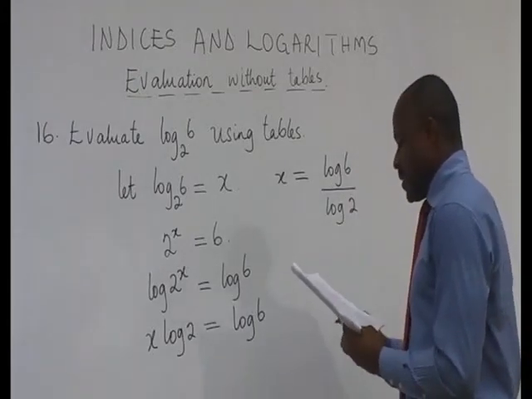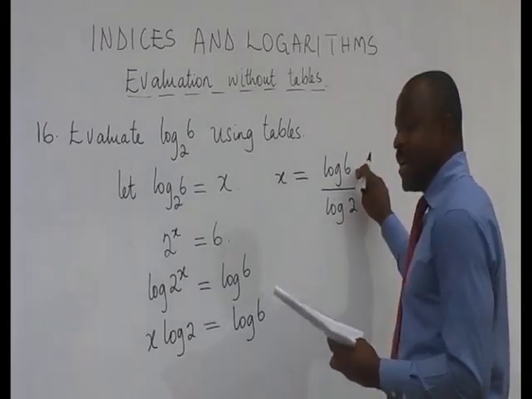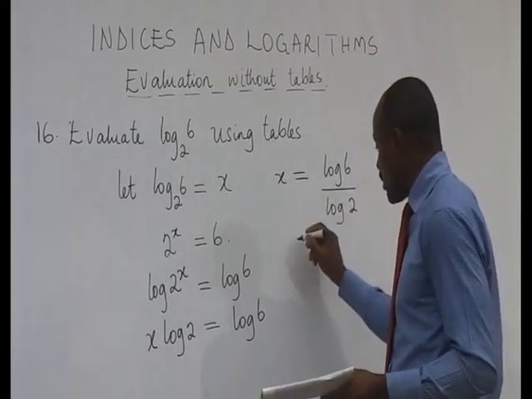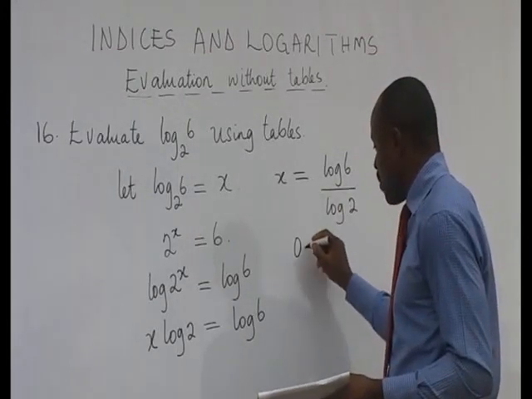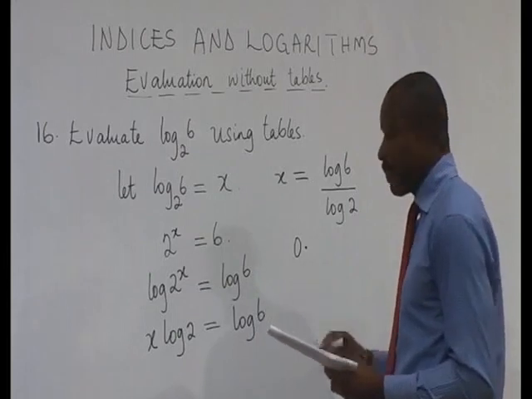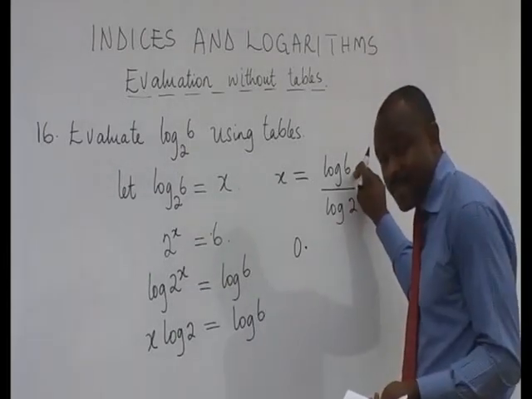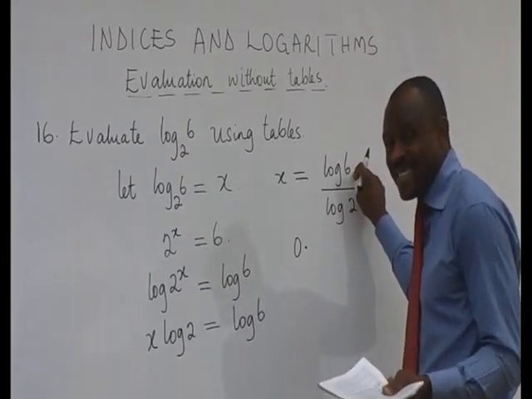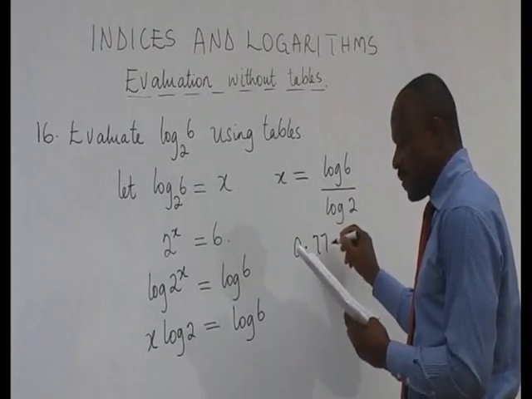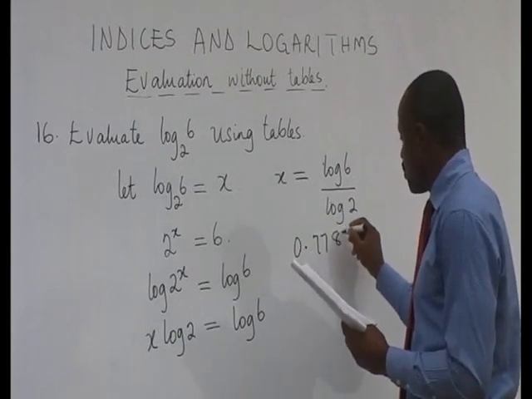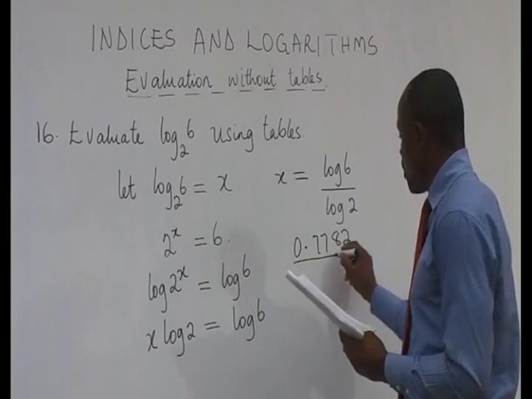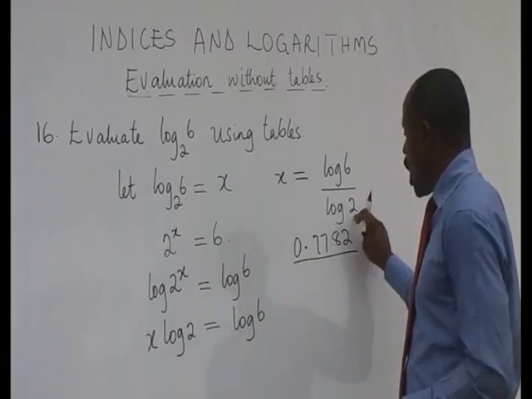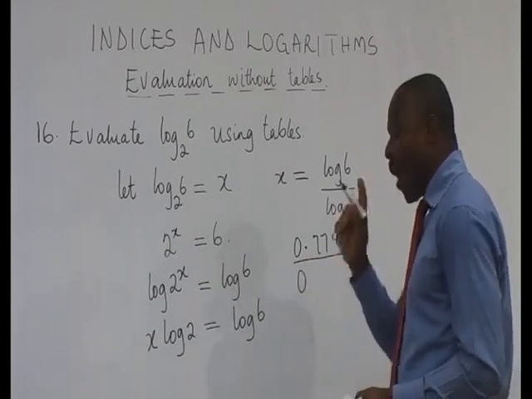Number 6. 6 is 1 digit. That means whatever you get from the logarithm table will be 0 point something. You cannot take 6 alone. That means I'm going to find 60, under 7, which gives 0.7782. Then it's going to be divided by the log of 2. 2 is 1 digit.